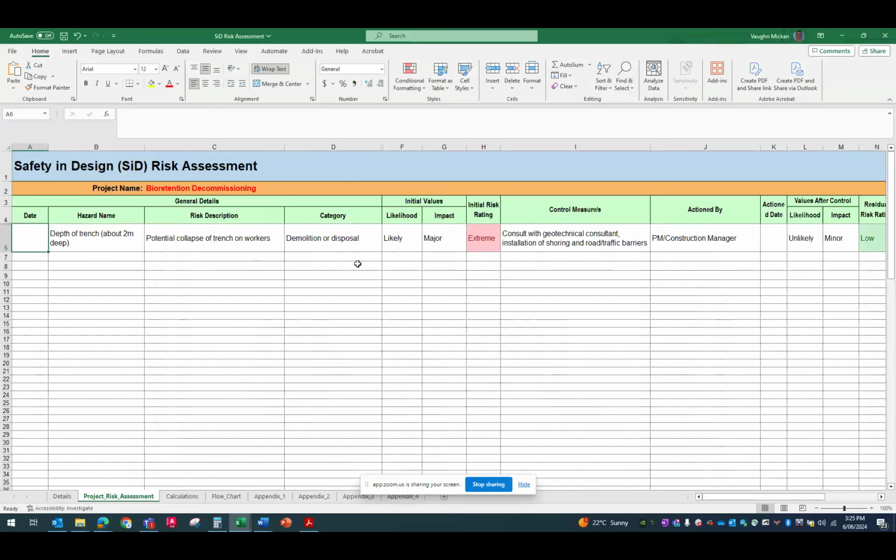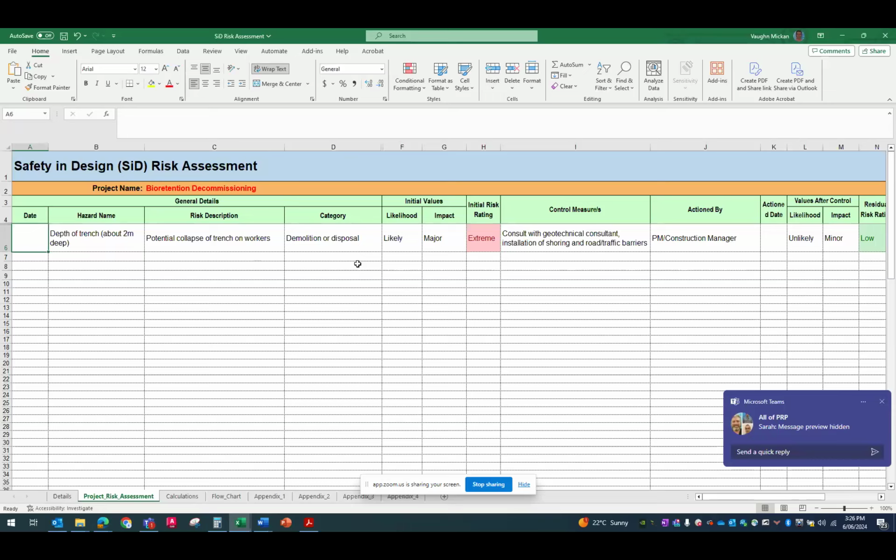That's pretty likely that could happen with that depth of trench. And we thought that it would be a major impact because it is potentially life-threatening, but not necessarily catastrophic. So that's not guaranteed that you'll lose your life, but could affect you majorly.